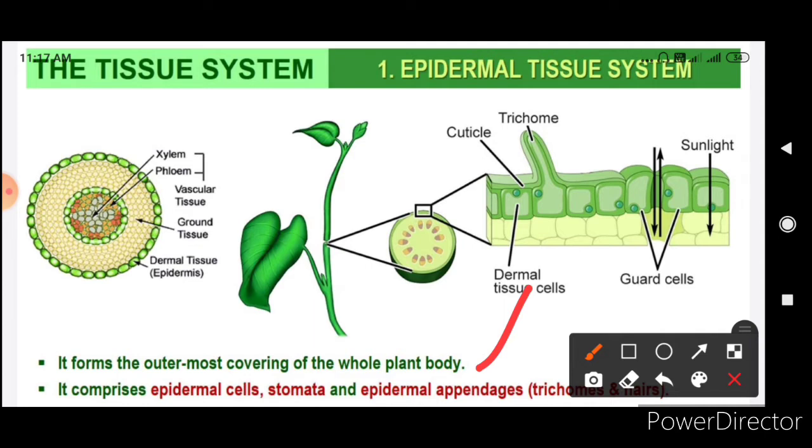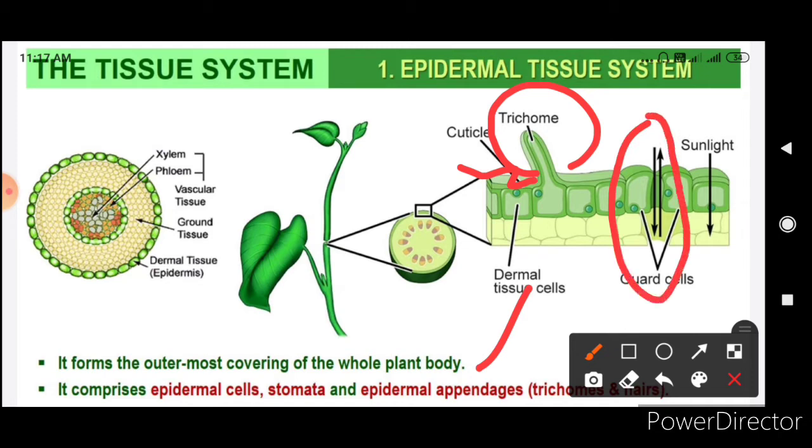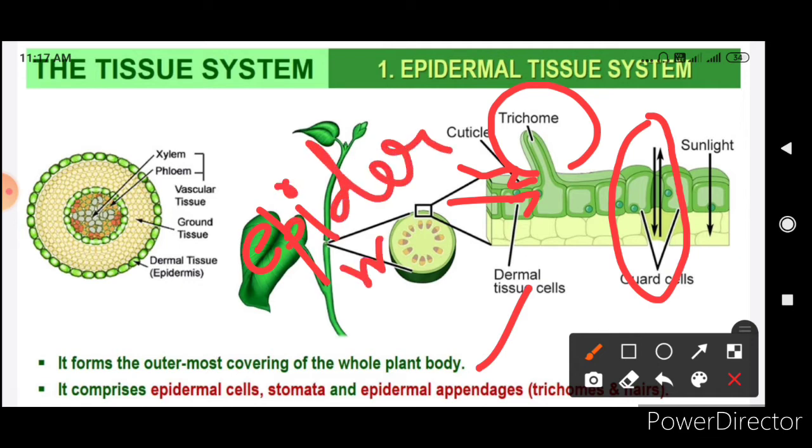You can see here, this is the outer layer, this is the cuticle, this is the trichome, and in some parts hairs will also be present, and this is the stomata. The green ones you can see are the epidermal cells.